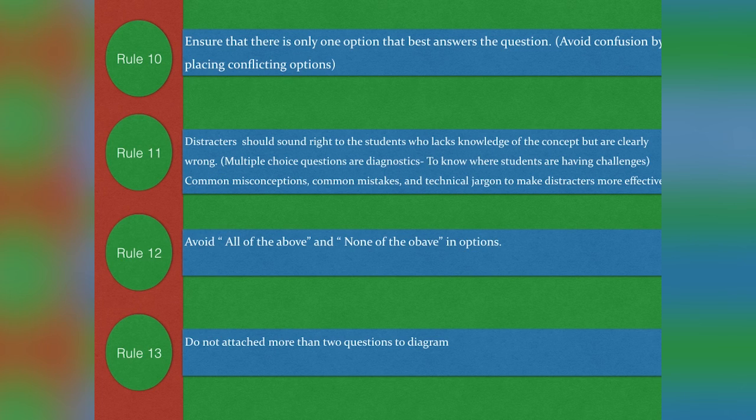And with number 13, if the facilitators give questions with a diagram, it's expected that they should not ask more than one or two questions from the diagram. They cannot afford to use the diagram and ask 5 questions from it. Call their attention to it.